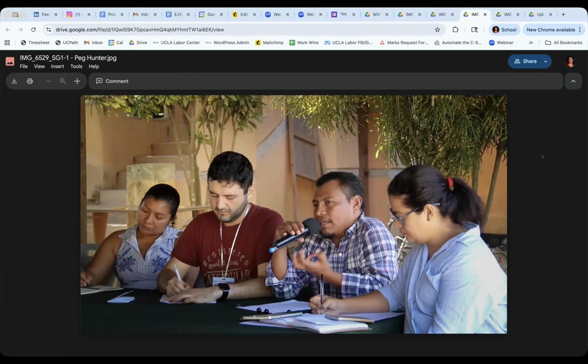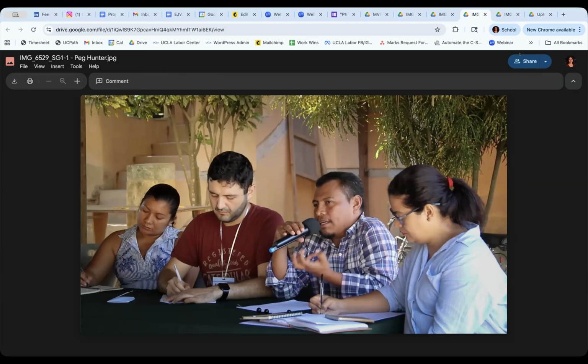A huge mining concession was granted above the water source for many communities, and this is the Guapanol community. The man talking is Juan Lopez, and I will say more about him later. The woman to our right is Juana Esquivel, and more on her also.